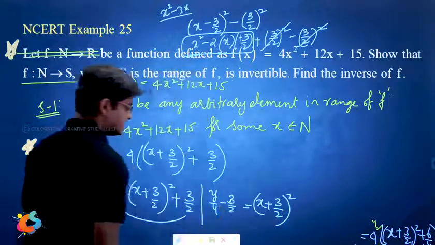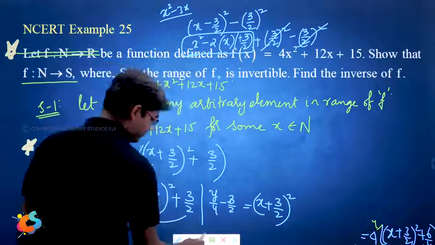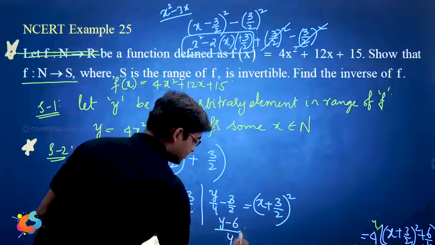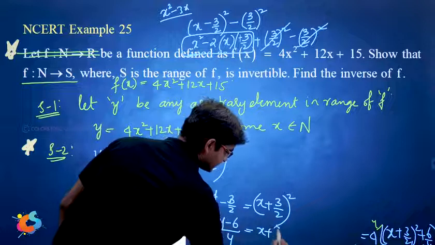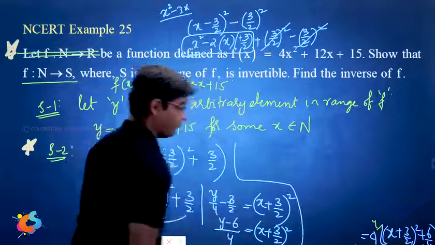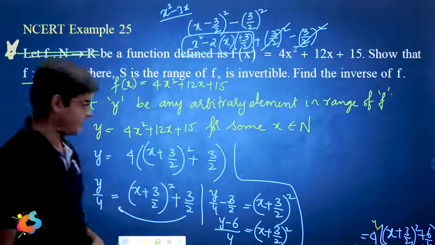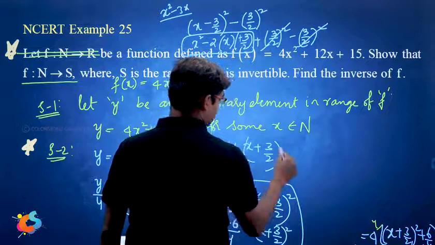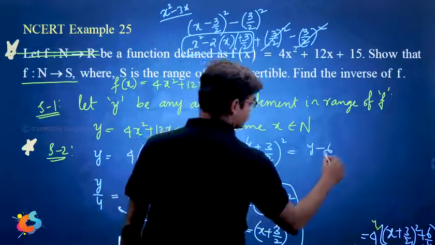So if you are taking LCM here, then 4 will be the LCM, and in the numerator we will have y minus 6 is equal to x plus 3 by 2 whole square. After this, where are we proceeding? X as a function of y. So x plus 3 by 2 whole square is equal to y minus 6 by 4.